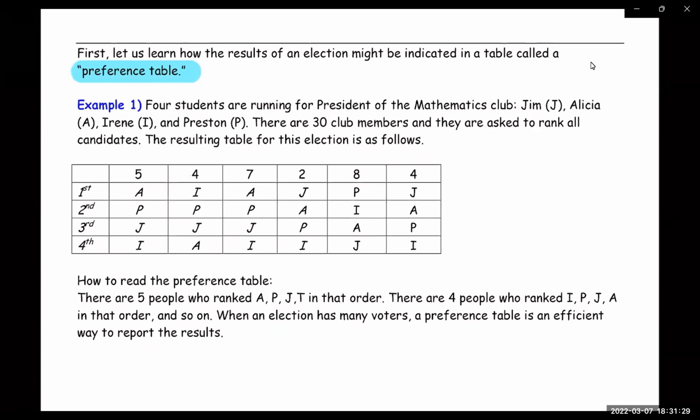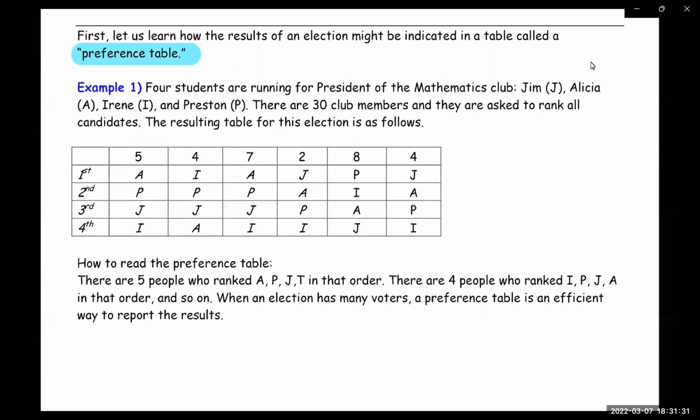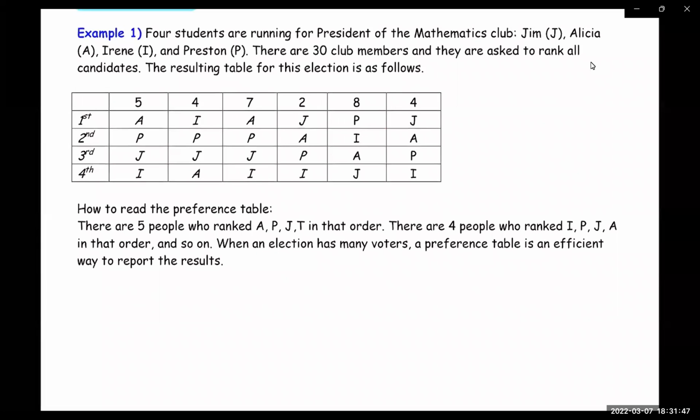So let's see which was the most popular. Looks like this one was the most popular, right? Because it had 8 votes. So the most popular outcome would have been Preston first, Irene second, Alicia third, Jim last. How to read the preference table: that's what they tell you.